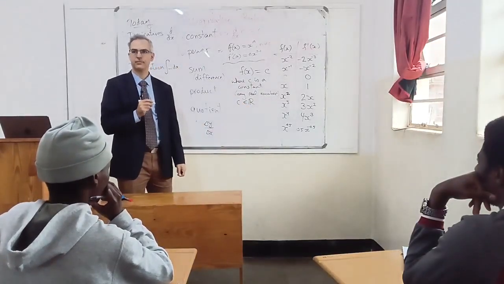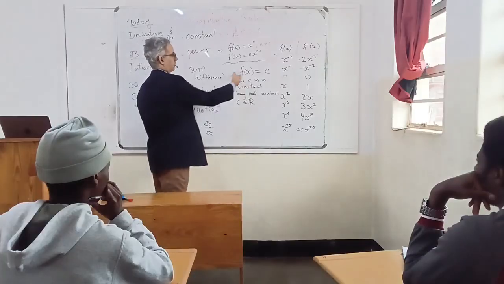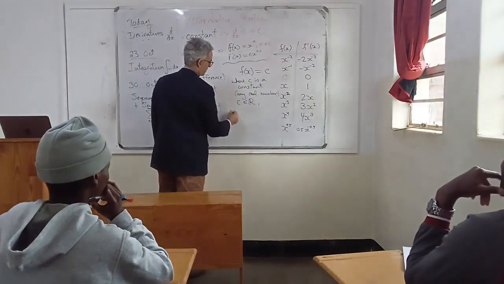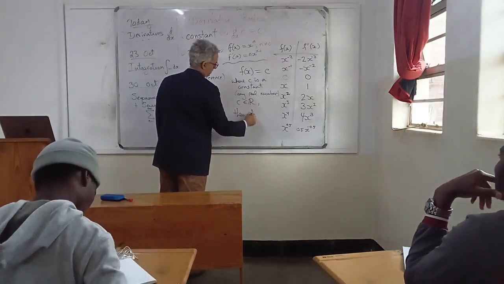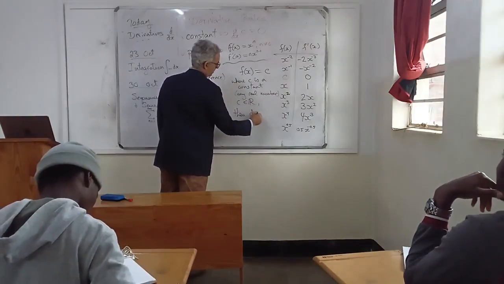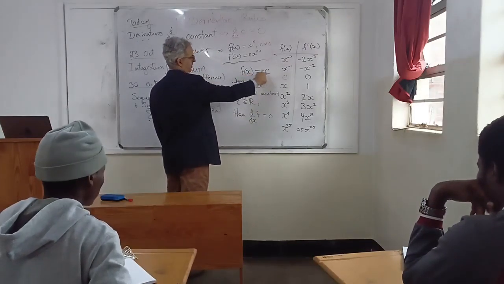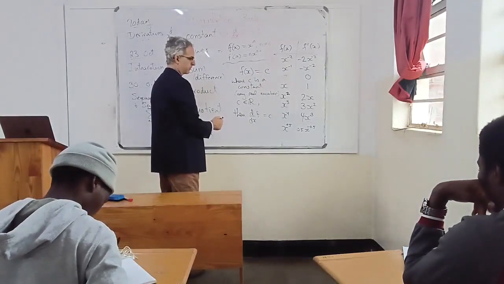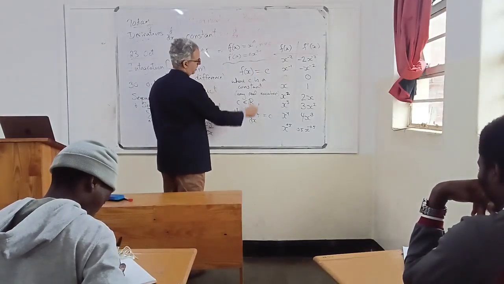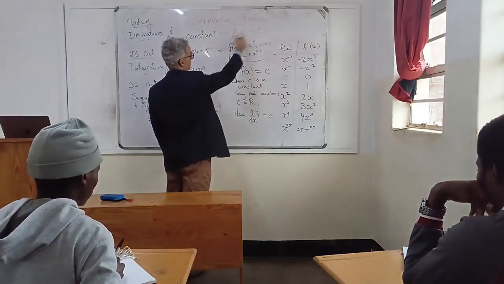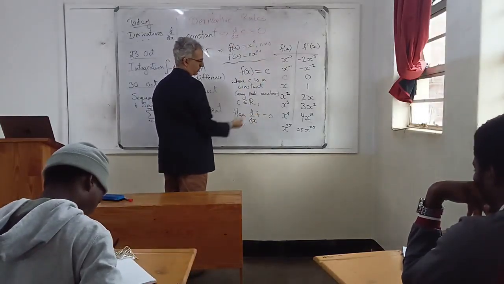When I have this, then the derivative of f is 0, if f of x is a constant. So I could replace f by c, which is what I did here, and the answer is 0.